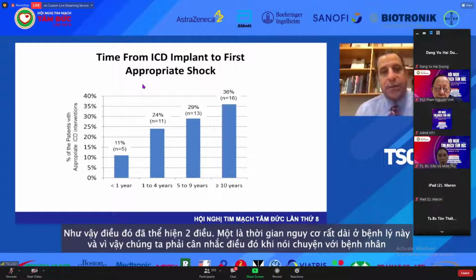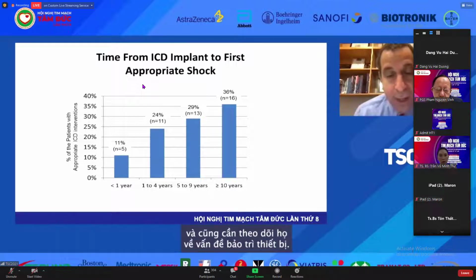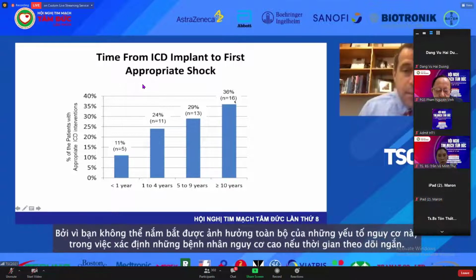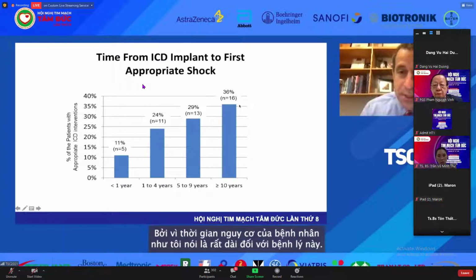And so that's just demonstrating two things. One, the risk periods are very long in this disease. And so we have to consider that when we're talking to patients and also following them in terms of device maintenance and therapy. And two is that studies that have short follow-up periods in terms of risk prediction are probably limited in terms of what we can extrapolate from that, because you're not capturing the overall impact of these risk markers in terms of identifying high-risk patients if follow-up is short, because patients' risk period is, in fact, as I said, so long in this disease.